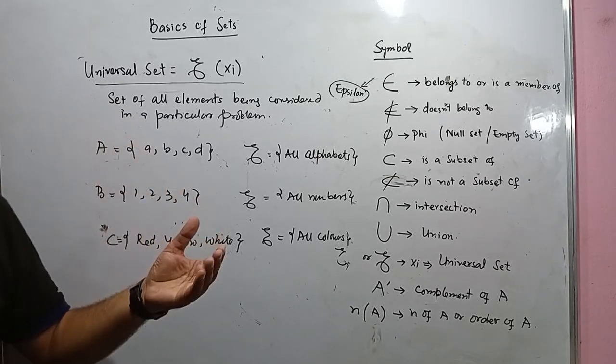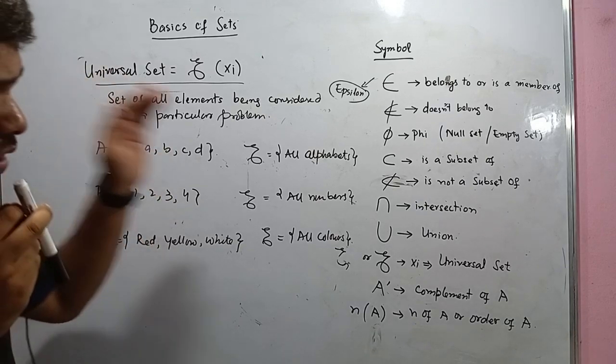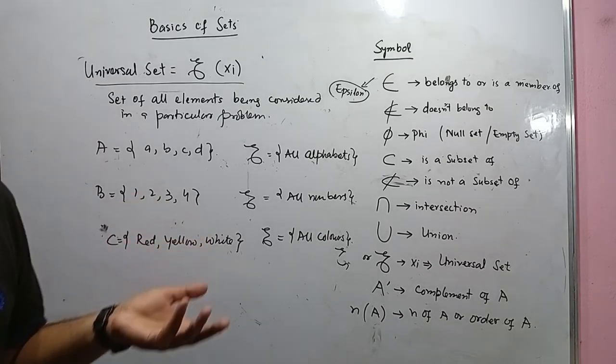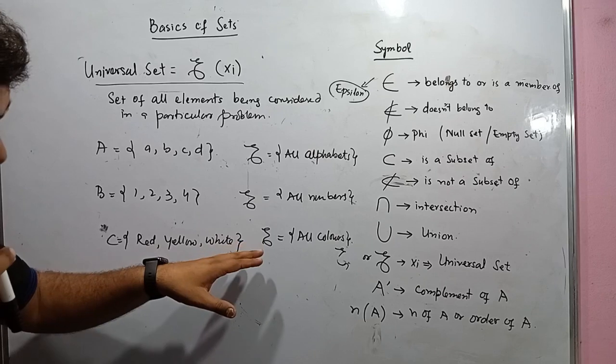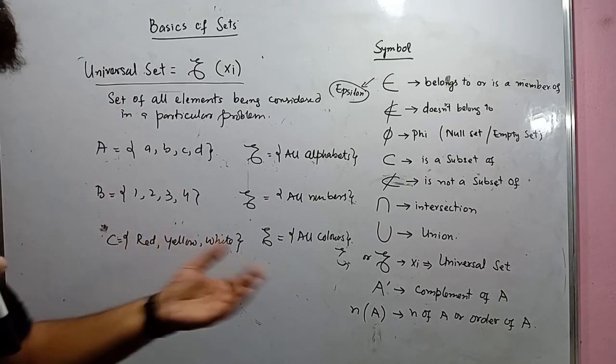These are the numbers, so we will consider all numbers as the universal set. Here C is the set of colors. Here the universal set is not given. So we will consider all the colors to be the universal set.